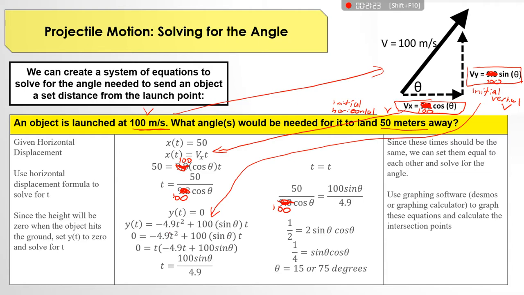So if I factor out one time here, I've pulled out one time from both of these. After pulling out that time, I'll get t equals 0, or if I set this equal to 0, t would equal 100 sine theta over 4.9. Okay, any questions on this part?